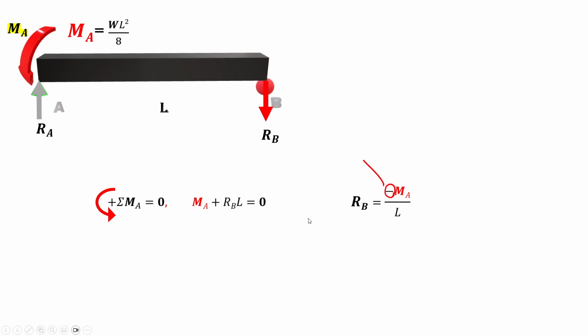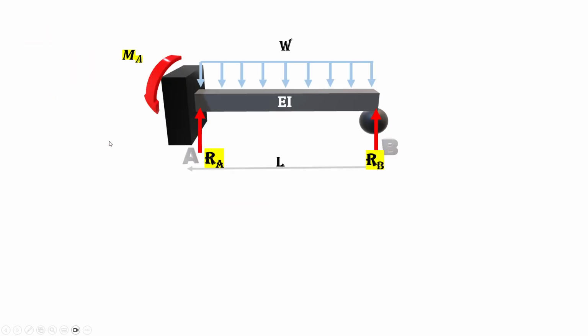R A should cancel out R B, so R A is a positive M A over L, so R A is WL over 8. These reactions are related to beam number 2. If you remember, we dissected our beam into two simply supported beams, one with the effect of the distributed load, the other with the effect of the moment, and then we have to add them up together to get our original shape.